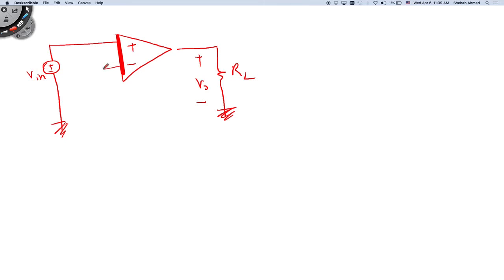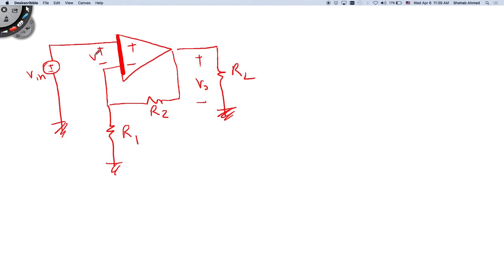This is positive, this is negative. This is my output, RL, this is the output, and this is the input, plus minus, and this is R1, and this is R2.